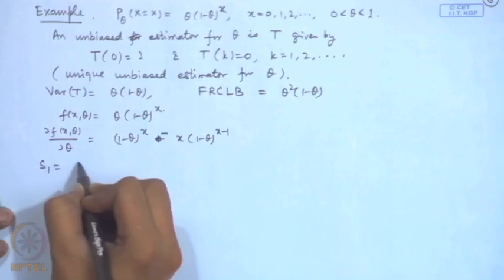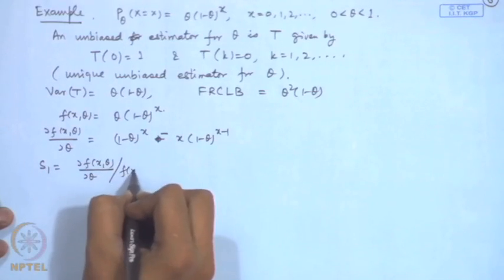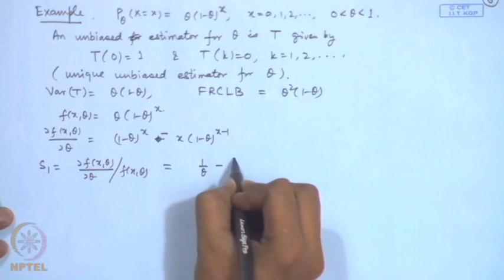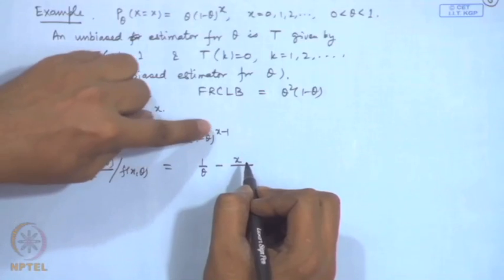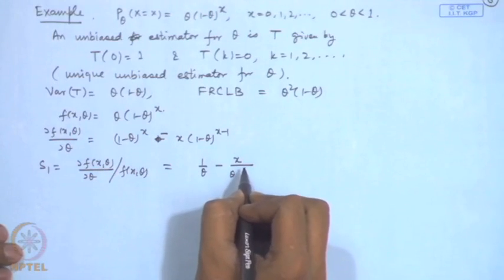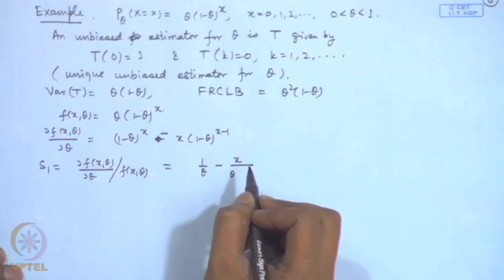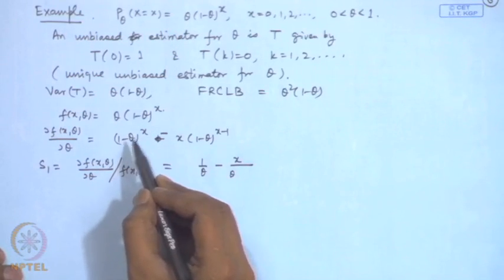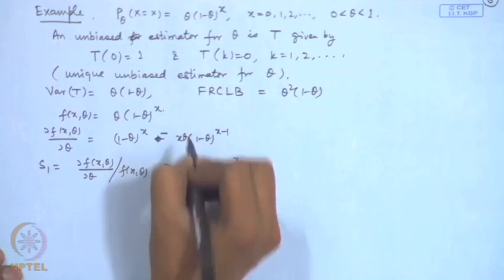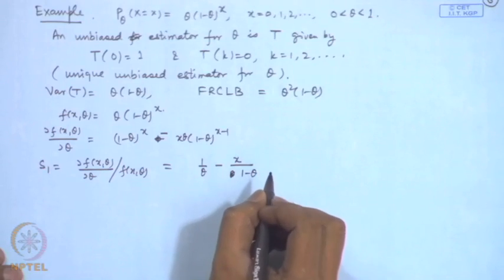So, S 1 is del f by del theta divided by f, that will be equal to 1 by theta minus x by 1 minus theta. I am sorry, this is theta here. So, I will get here x by 1 minus theta.